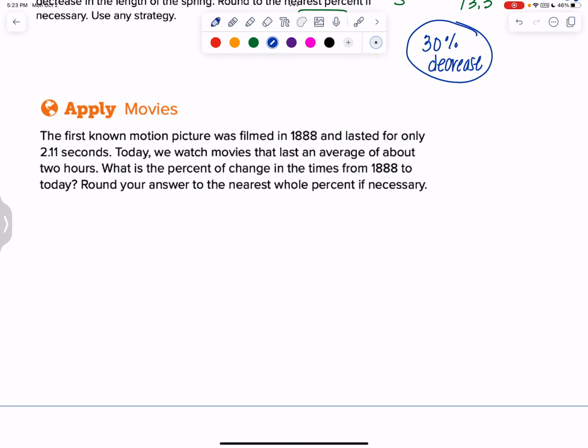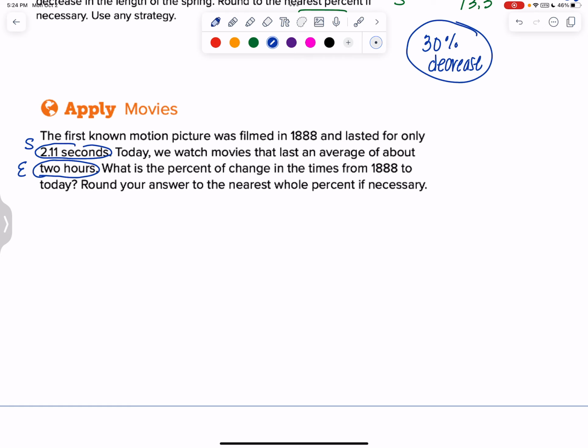Now, here's the tricky part with this is I can't look at a percent change of different units. And so my start was 2.11 seconds. And my change or my end was 2 hours. So I either need to change the 2.11 seconds into a very small decimal hours, or I need to change the hours into seconds.